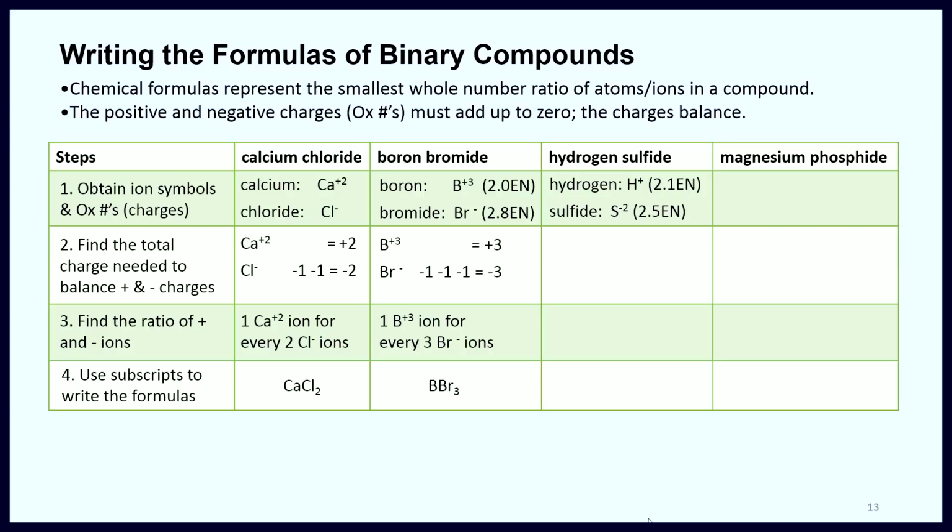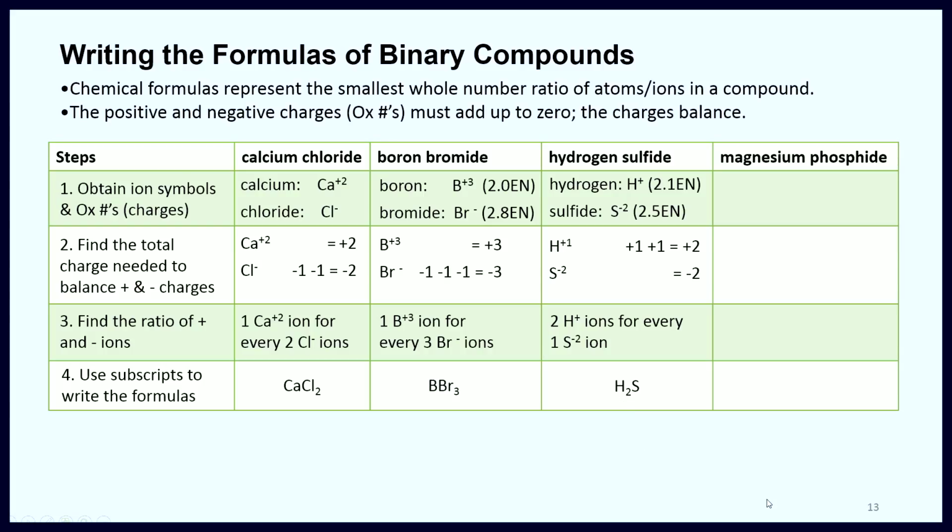Since it's in group 6A, it has to be -2. Each hydrogen ion is +1, and each sulfide is -2. We're going to need 2 hydrogen +1 ions to balance charge. 2 hydrogen ions for every sulfide -2 ion, and so the formula is H2S. Hydrogen is listed before sulfur because hydrogen is less electronegative.